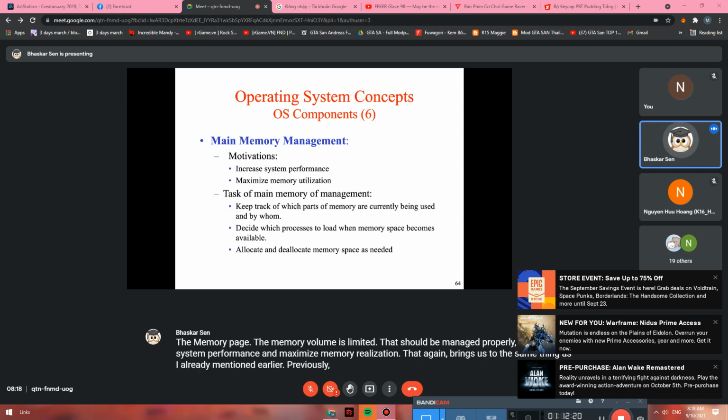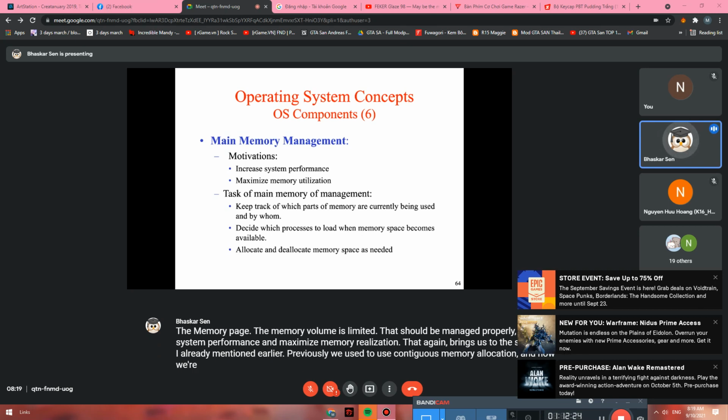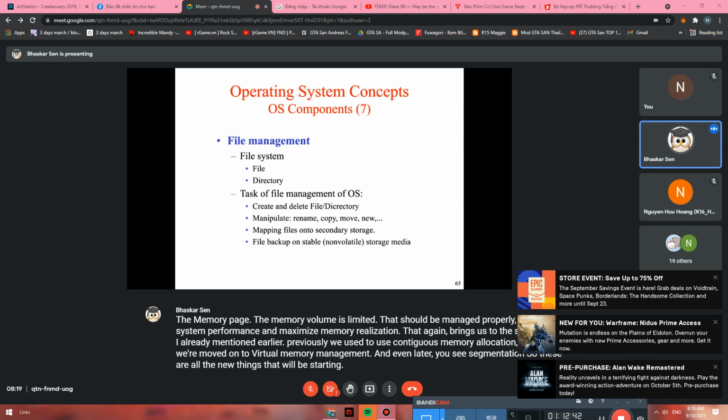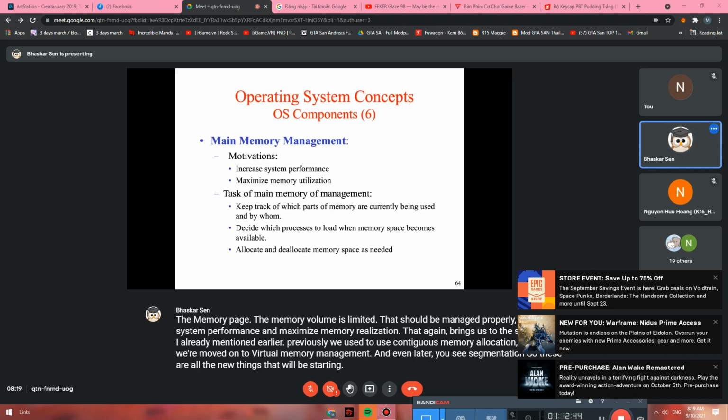Previously, we used to use contiguous memory allocation, and now we have moved on to virtual memory management. And even later, you will see segmentation. So these are all the new things that we'll be studying. Allocate and deallocate memory space as needed.